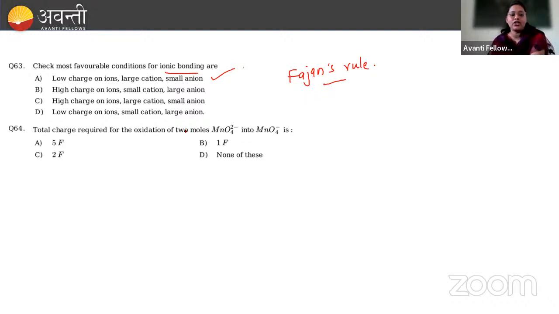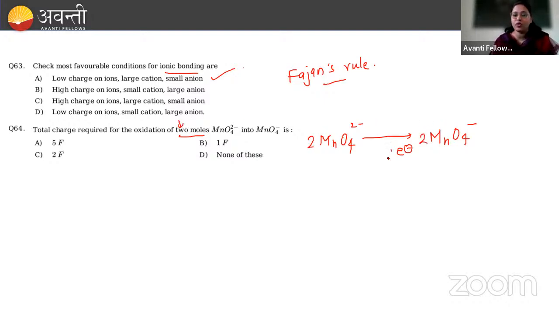Next, total charge required for the oxidation of 2 moles of MnO4 2- into MnO4-. So here, MnO4 2- is getting converted into MnO4-. During this conversion, 1 electron change is occurring. But the thing given here is 2 moles. So if these are 2 moles, a 2 electron change is going to take place.